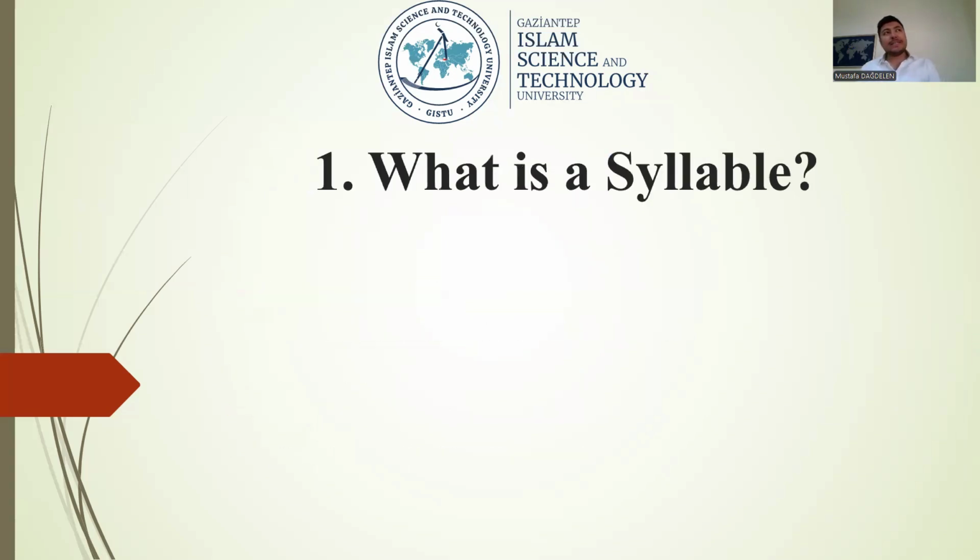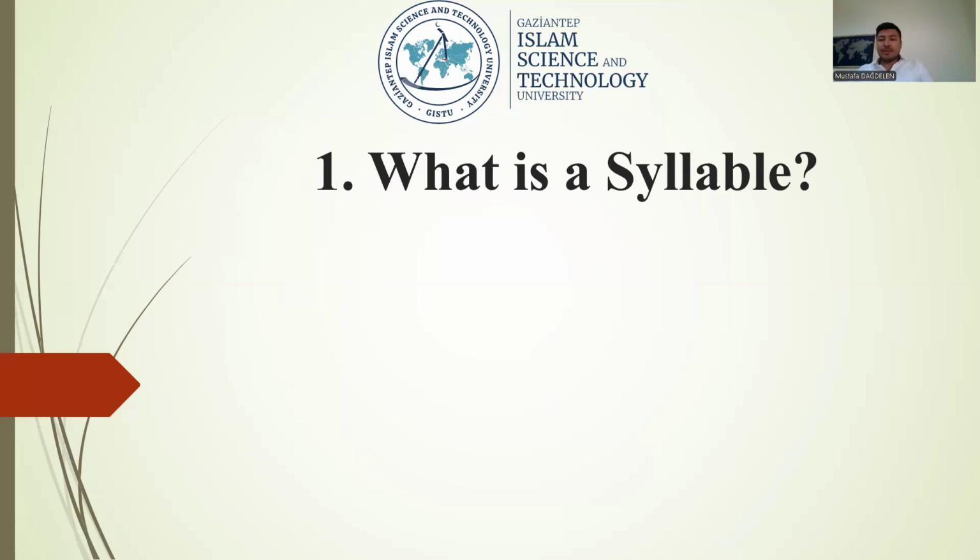Our first topic is, what is a syllable? A syllable is all about the number of vowels in a word. The English language is not pronounced as it is written. That's why the number of syllables depends on the number of vowels that we pronounce while speaking. It's not like Turkish. For example, let's think about a word in Turkish like elma.